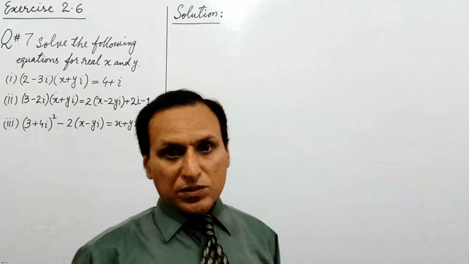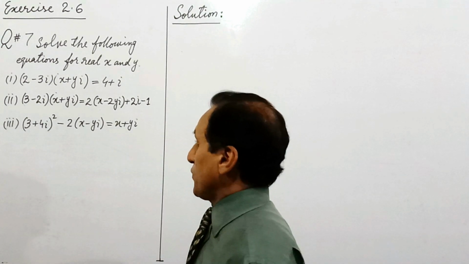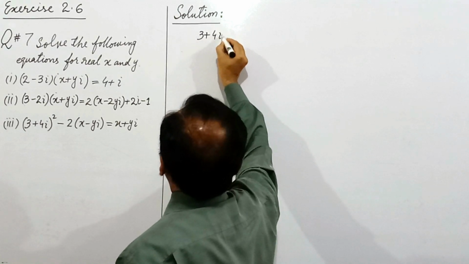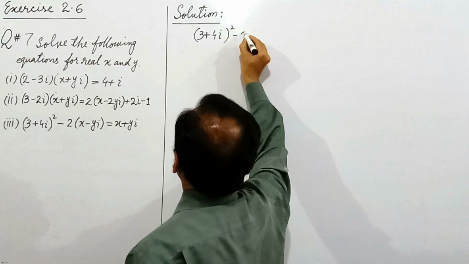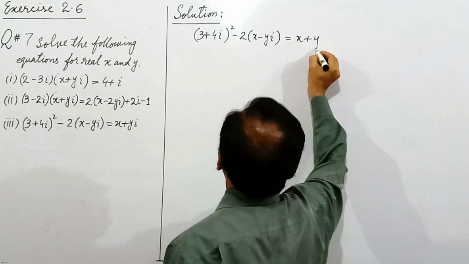Let's solve part 3 of question number 7, in which another equation is given, and that is (3 plus 4 iota) whole square minus 2 into (x minus y iota) is equal to x plus y iota.